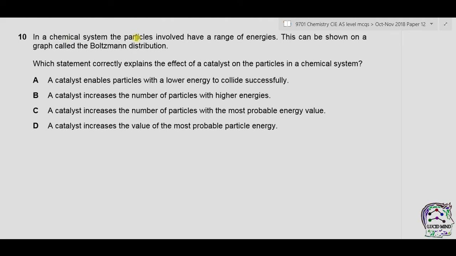Question 10. In a chemical system, the particles involved have a range of energies. This can be shown on a graph called Boltzmann distribution. Which statement correctly explains the effect of catalyst on the particles in a chemical system? Now for catalyst, we know that catalyst always lowers activation energy.